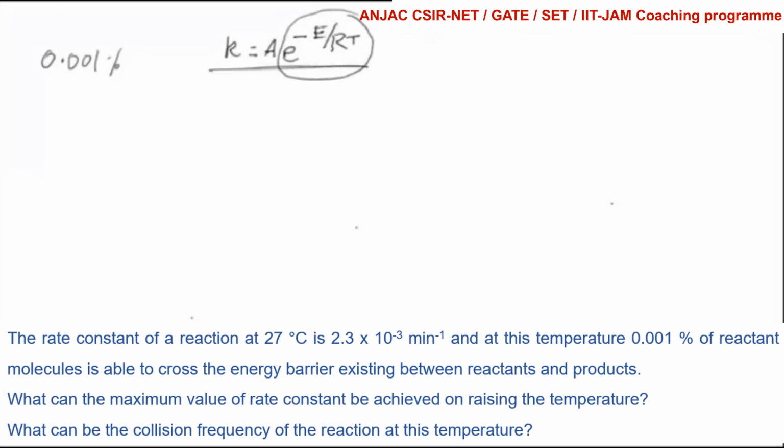But they have given this as a percentage, so this e power value is 0.001 divided by 100. Why are you putting 100? We have told you that it is a fraction, a fraction for 1 unit.